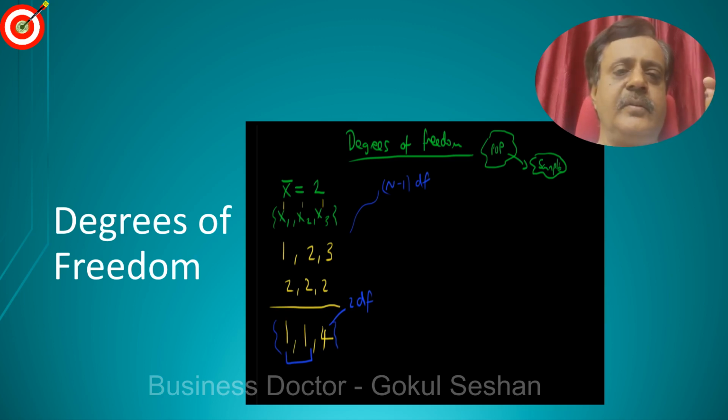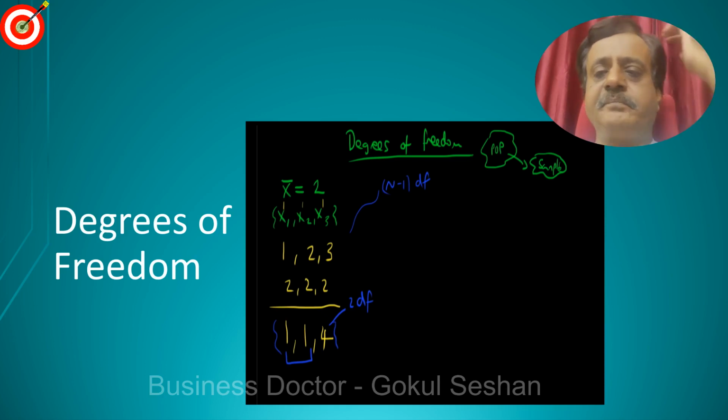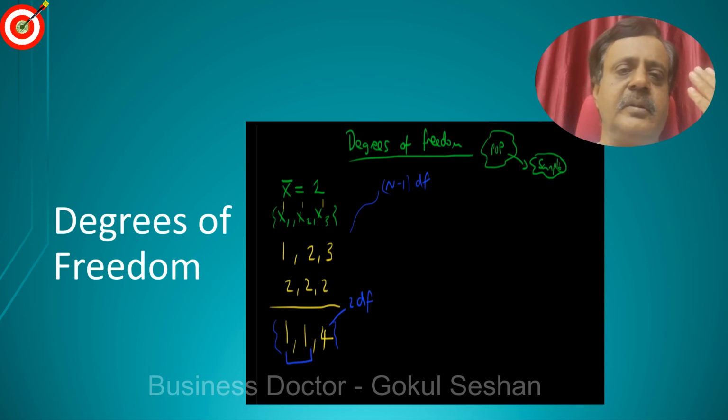Assuming that the value of x is greater than 0 and less than infinity, and let's say only these 2 possible combinations, or these 2 data sets, are available to you. Assume you are putting a value 1, 1. Then what could be the third value? The third value has to be only 4, because the average has to be 2.